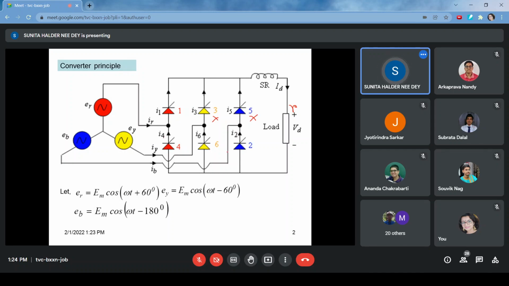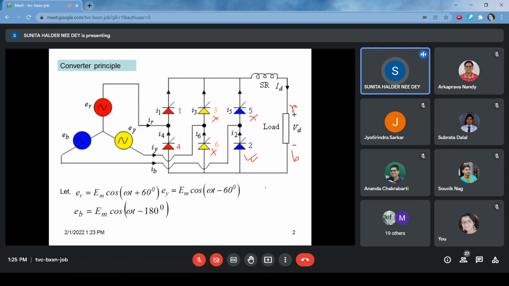So among these, 2 or 6 will operate. So who will operate? Obviously the most negative phase available between Y and B will operate. Let us assume that B is the most negative phase. Then this will operate, and it will automatically be force commutated. So the B phase will be available at the negative side of the load.